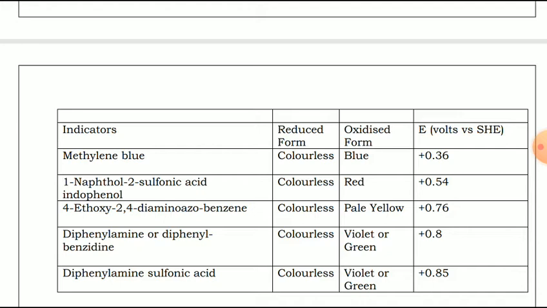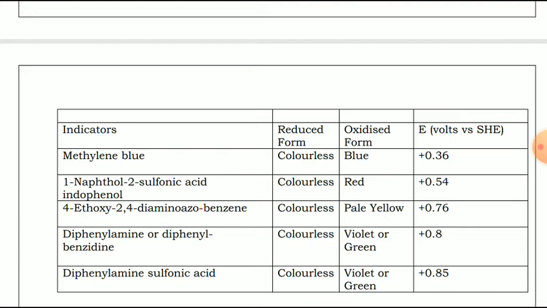The second is 1-naphthol 2-sulfonic acid indophenol, which is colorless in reduced form and red in oxidized form at plus 0.54 volt. The third one, 4-ethoxy 2,4-diaminoazobenzene, is colorless in reduced form and pale yellow in oxidized form. Then diphenylbenzidine is colorless in reduced form and violet or green in oxidized form.